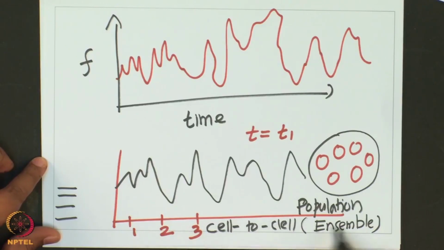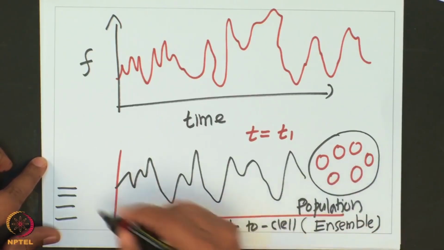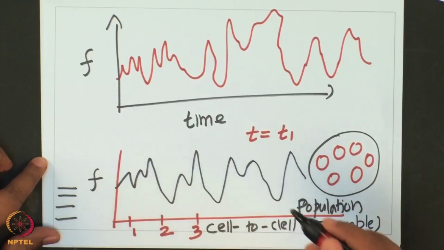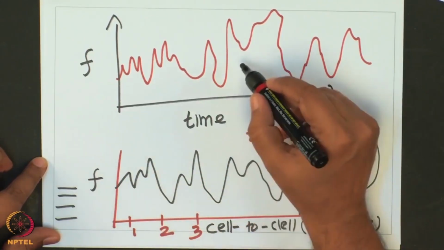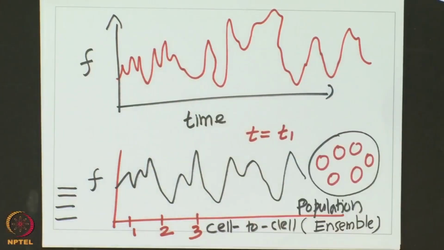So this is an ensemble. Each element of the population could have a different length or different gene amount. The other thing is, if you take the same quantity as a function of time, you could see variability. So these are the two kinds of variability that we would look at: as a function of time, and in the population.